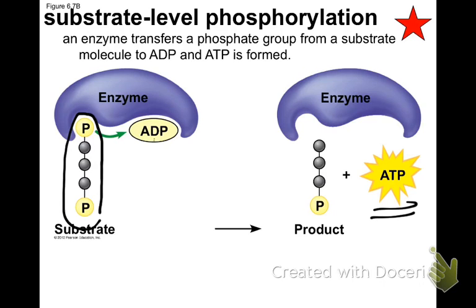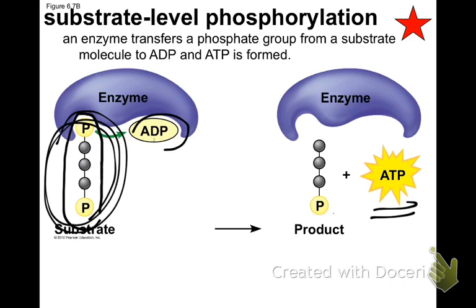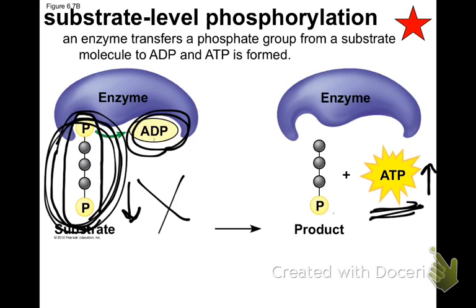The amount of this substrate available is limited. If I have a lot of this available and a lot of this available, only then I can make this. I cannot make this out of thin air. I cannot make a lot of this if I have less of this. That is not possible. So this is very, very limited. I cannot make a lot. Okay.